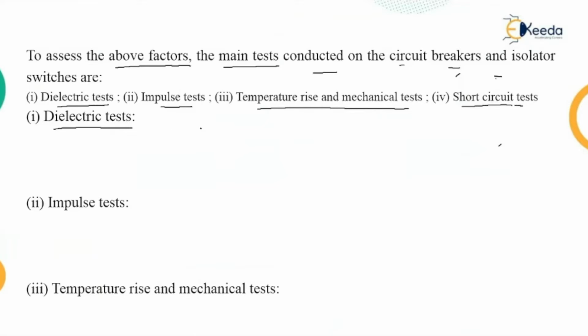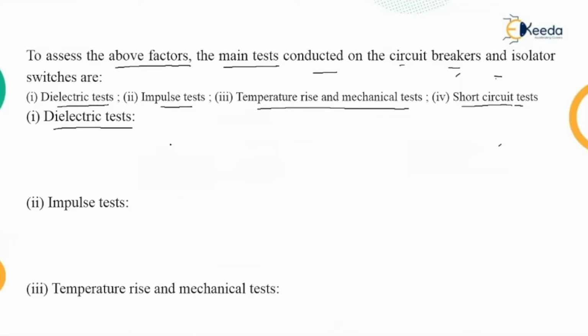The dielectric test is also called the over voltage test, and it is similar to the testing which we have studied for other equipment. In this particular test, the circuit breaker undergoes an over voltage withstand test of power frequency, lightning and switching impulse voltage.